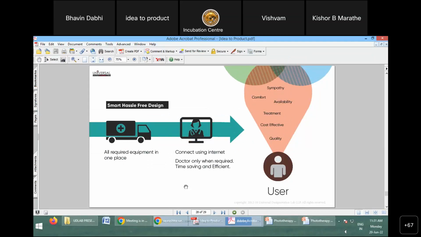Ten years ago, it could not have been viable. Right now, it is visible, feasible, viable. So something like a hospital on wheels may not be visible right now, but we need to disrupt. Today's youth should not go to the past to validate an idea, but should travel to the future.